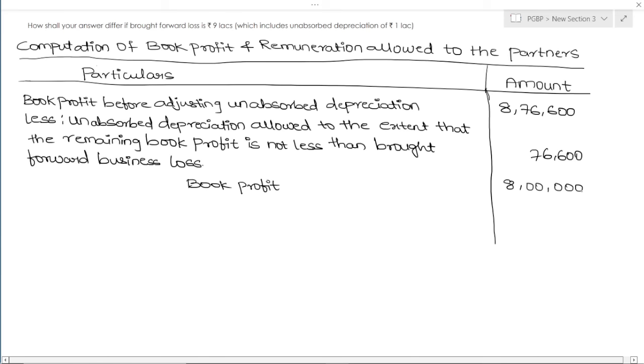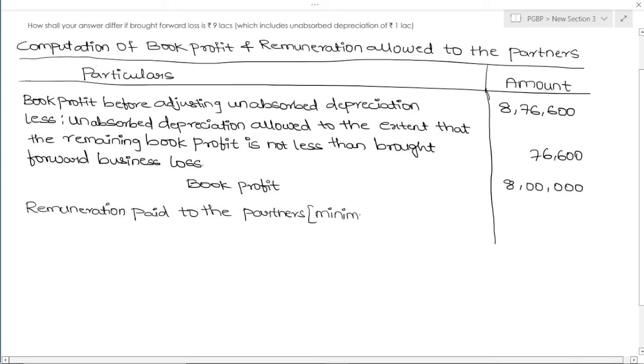Write down. Remuneration paid to the partners being minimum of the following.